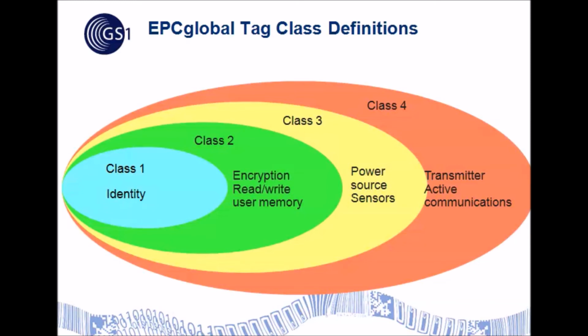So the Class 4 tags can have access to a transmitter, so that they typically can initiate communications with a reader or with another RFID tag.